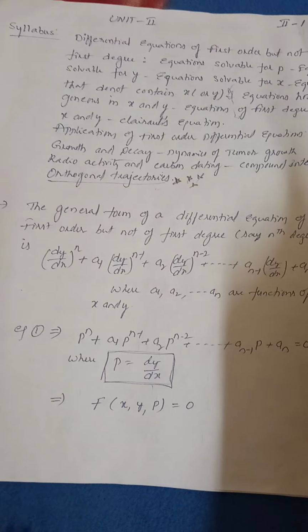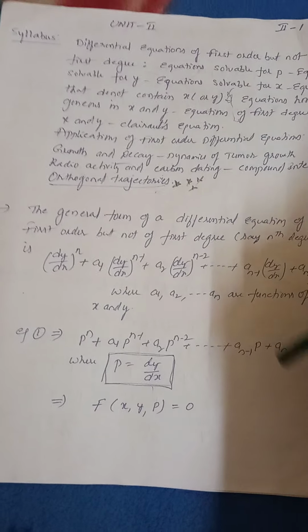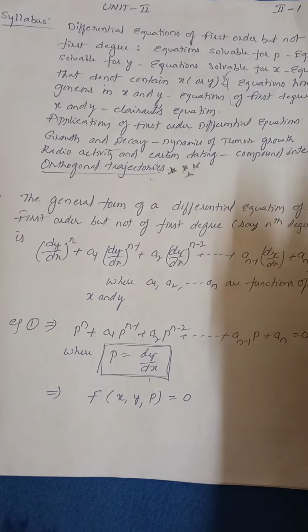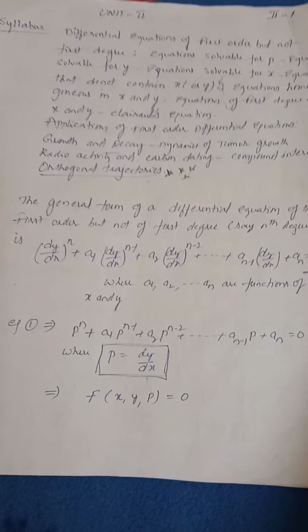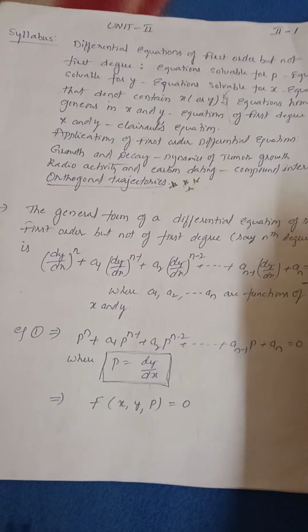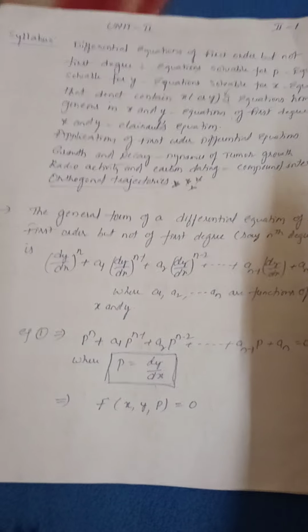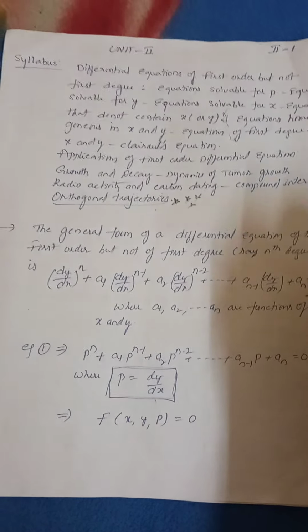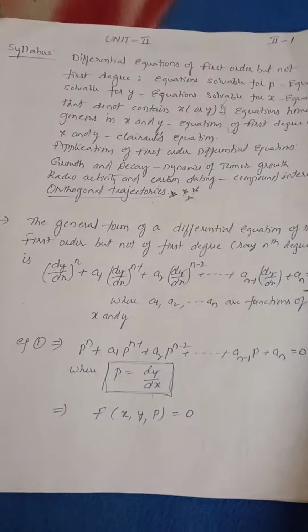All these are called derivatives, of order 1, of order 2, of order 3, of order 4, and so on. Now here we are going to discuss those differential equations whose order is equal to 1 only and degree greater than or equal to 1.